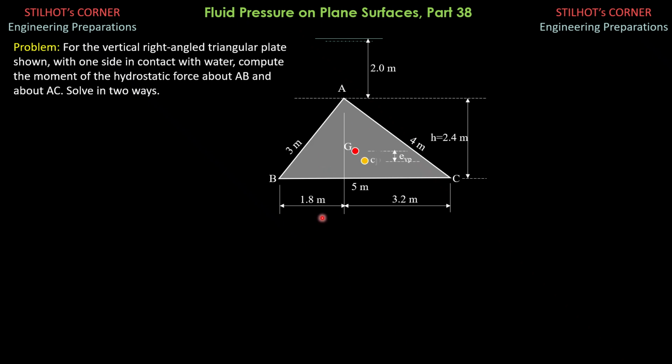So let's locate the centroid and the center of pressure. Remember, at the center of pressure acts the force F, and this vertical distance is EVP. This is the centroidal y-axis through G, positive direction downward, and the positive direction for X is to the left. Because CP is anticipated to be to the right of this positive y-axis, EHP later will be negative.